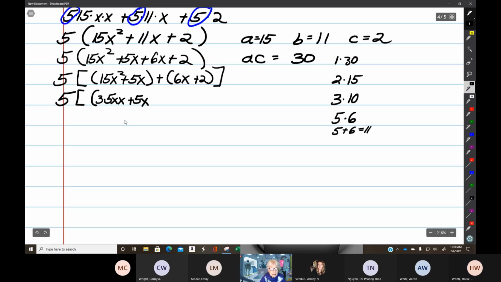But this has 5x, that has 5x. If you don't want to get all messed up, you should put in a times 1. Plus 2 times 3 times x plus 2.